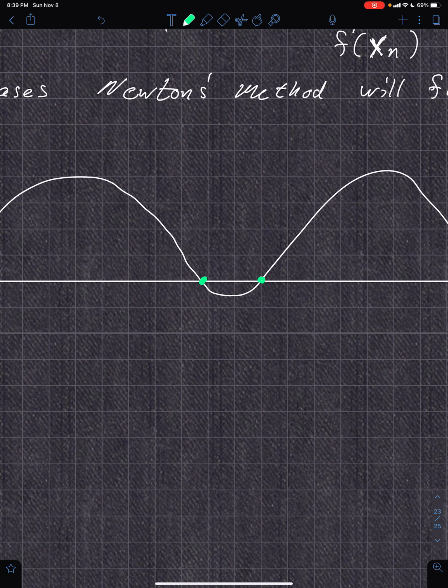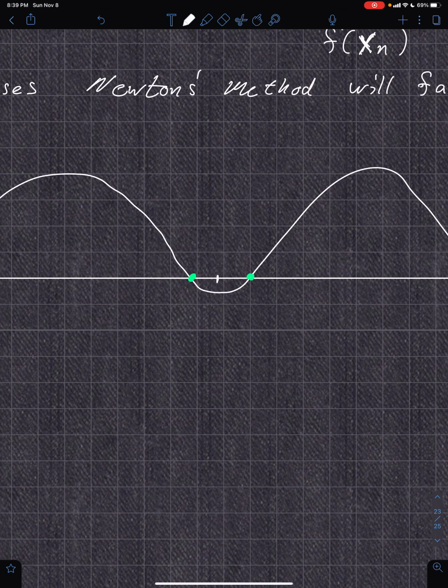So if on something like this, you choose your seed value too far away, like say right about here, then your tangent line goes to here. Now you're kind of closer, but now your tangent line puts you really far away. So there's your tangent line. Well, this point over here is too far.